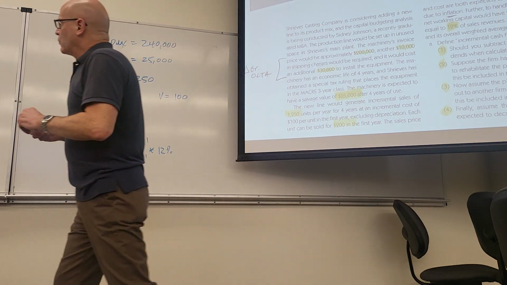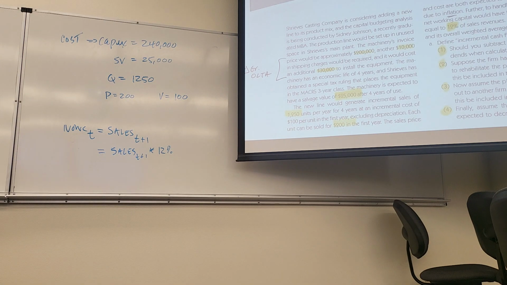Okay? So let's see. Let's put up what we know. Revenue minus operating expenses minus depreciation gives us EBIT. Minus tax gives us NOPAT.